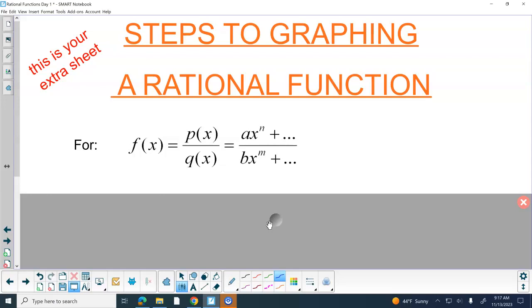Okay? So f of x equals p of x divided by q of x, where p of x is a times x to the n power, plus whatever comes after it. You just really need to know the a and the x to the n, over b times x to the m power.